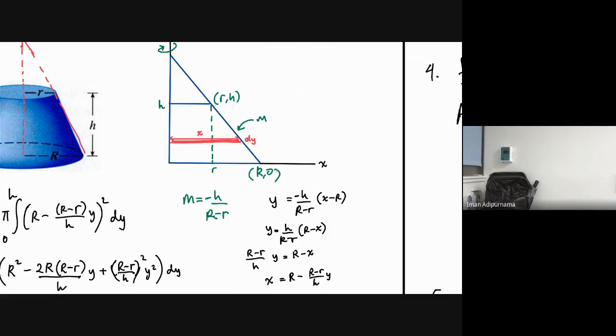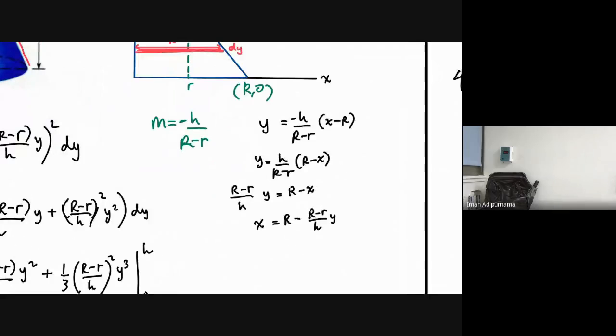Now, going for the line equation, we can put our point, the big R, 0, and then the small r and h. We put the point and we get the line equations. Rewriting this line equation, we get x is actually the big R minus small r over h y. That's our equation that we are going to use.